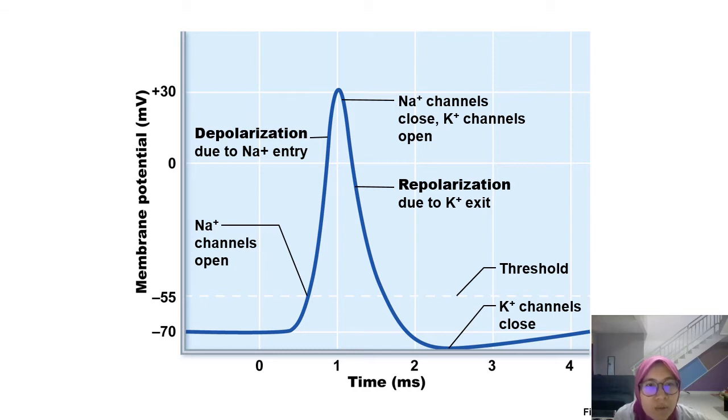So when depolarization happens, the sodium channel closes and the potassium channel opens. When the potassium channel opens, potassium will exit from the muscle. This process we call repolarization, until it reaches the threshold here, negative 55.